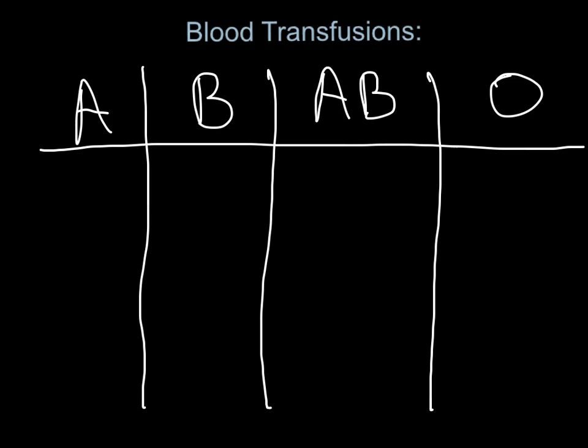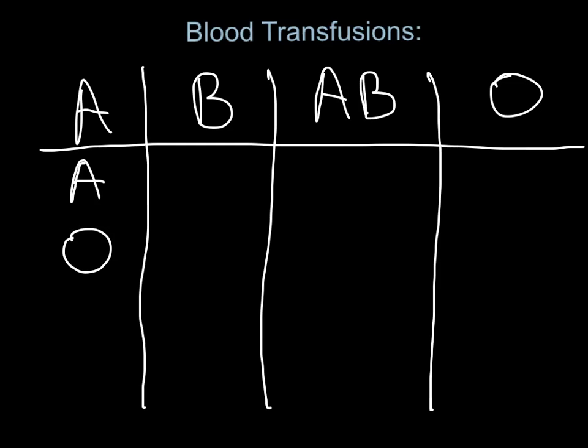So for type A, people with type A blood could only get blood transfusions of type A or type O, because people with type A would have only the A carbohydrates on the surface of the red blood cells, so the body receiving the transfusion would see it as their own cells and would not try to attack it.